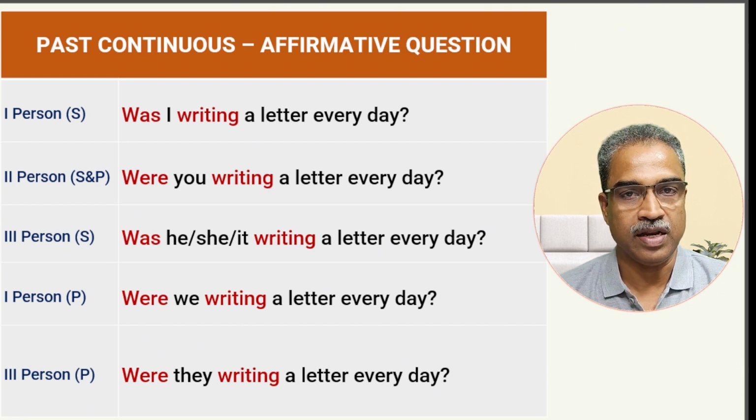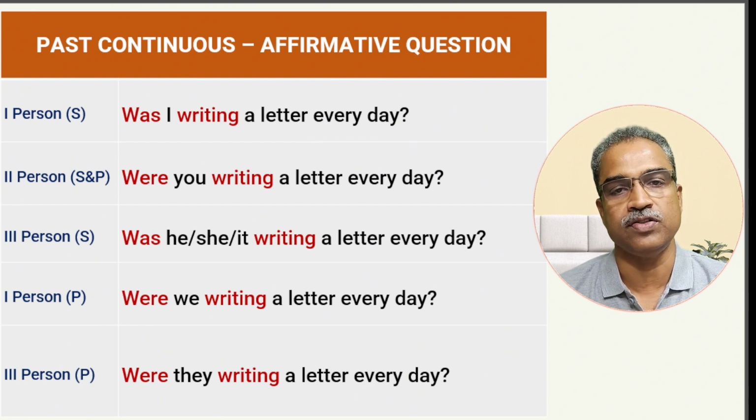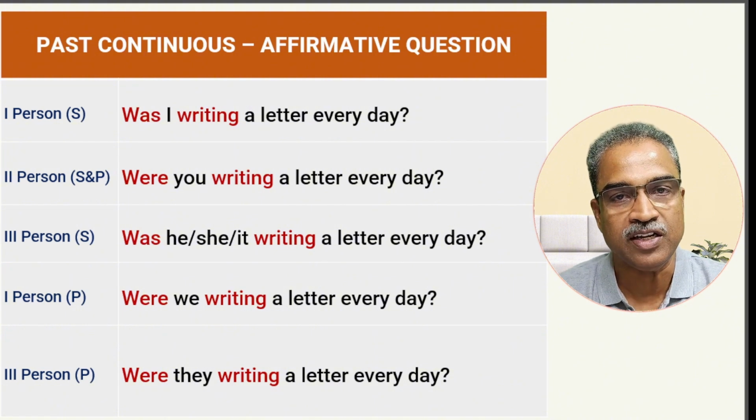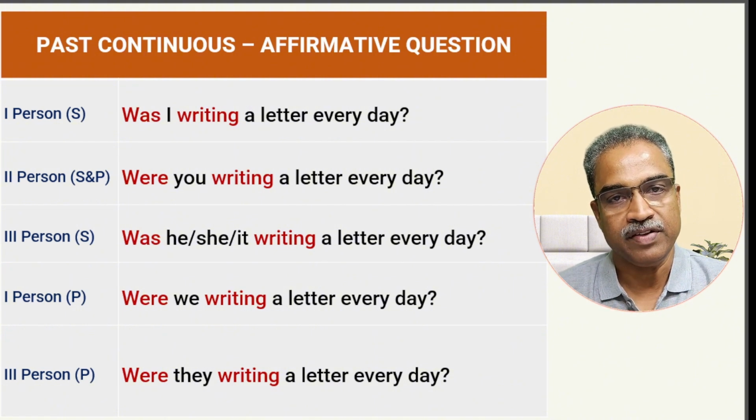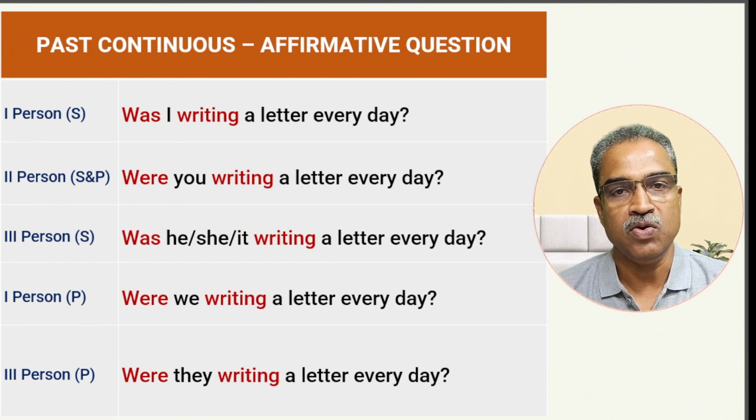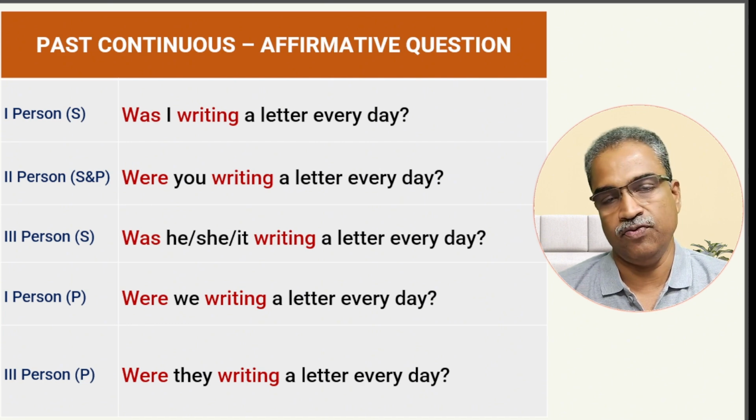Easy enough to understand. The structure, the format, is the same across all tenses. Absolutely no doubt about it. As I said earlier, once you learn one or two tenses, you get set, and you know that there is a pattern. The only difference is the verbs keep changing forms.